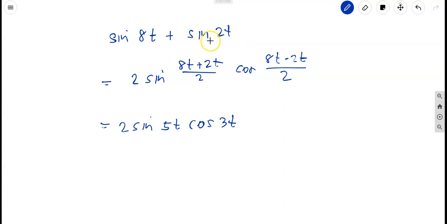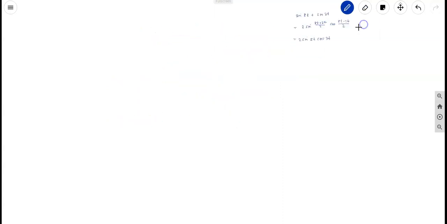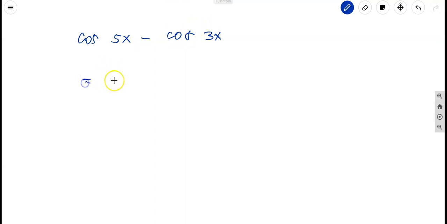So you have to remember all the formulas that we have so that it's easier for you to solve the equation. Let's try another example. How about if we have cosine 5x minus cosine 3x. This one is in cosine function, so therefore you will get negative 2 sine (x plus y).